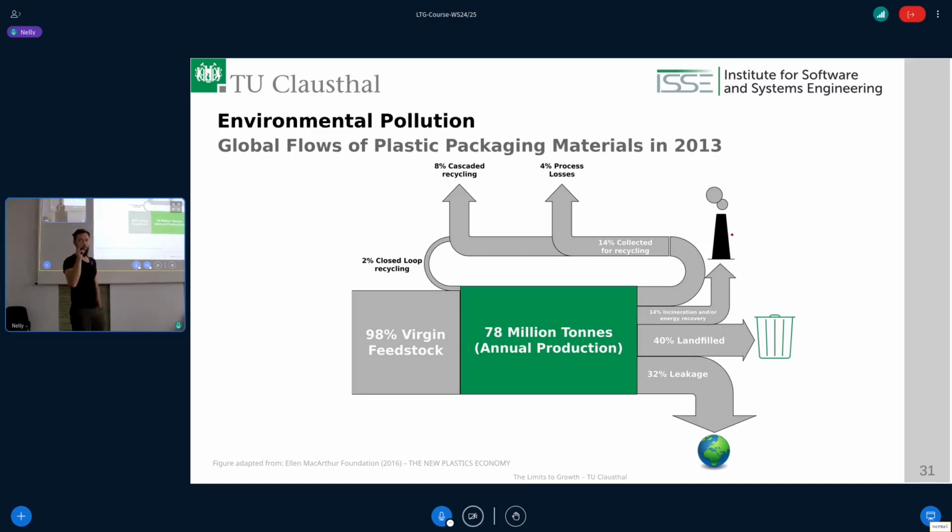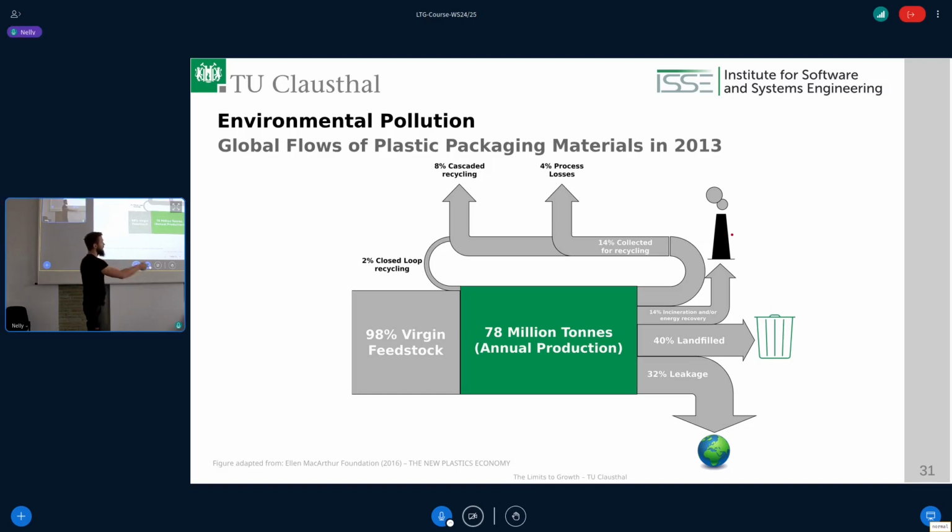Usually you cannot use a water bottle to produce a new water bottle. You have to use that plastic to make a lower quality product. And 8% went into this cascaded recycling, which is essentially what I just described: I take plastic of high quality and make a low quality product out of it. Only 2% made it into closed loop recycling, which then means we still need 98% virgin feedstock.